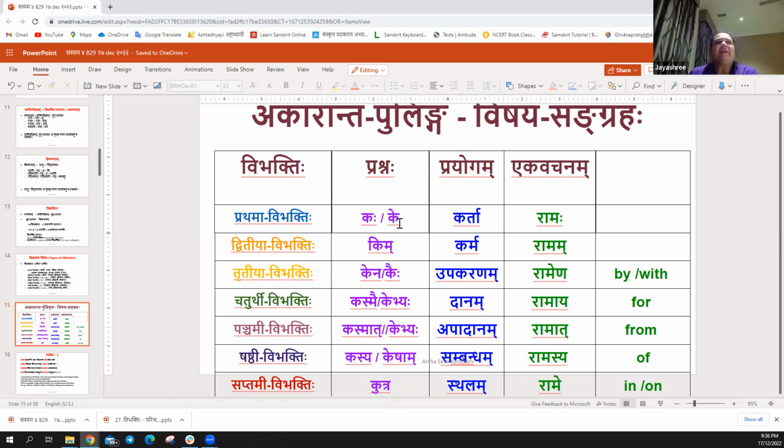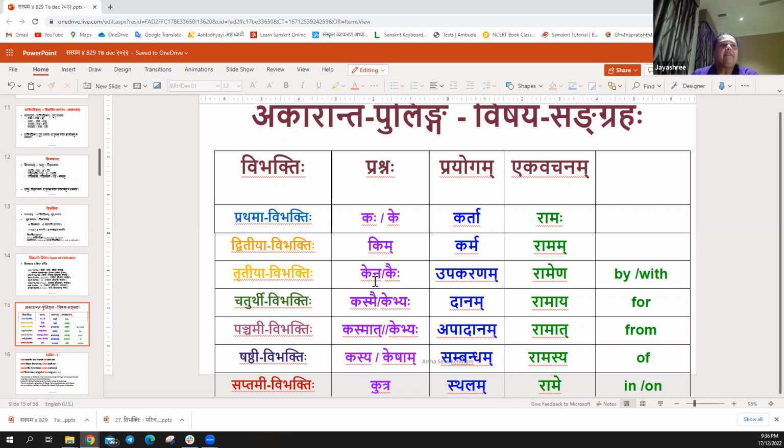Prathama Vibhakti, Kaha Ke. Kaha, Ramaha. That is who, Karta. Dvitiya Vibhakti, we ask Kim. So Ramam, and that is karma. Karta and karma already.